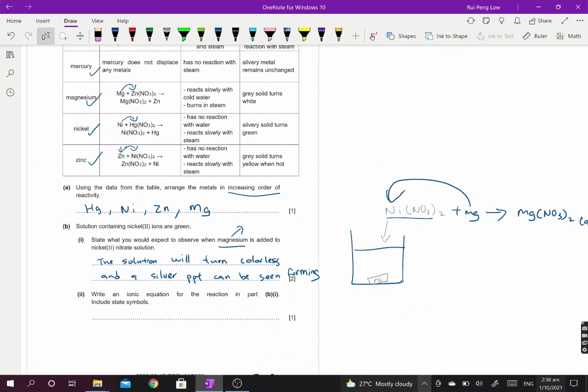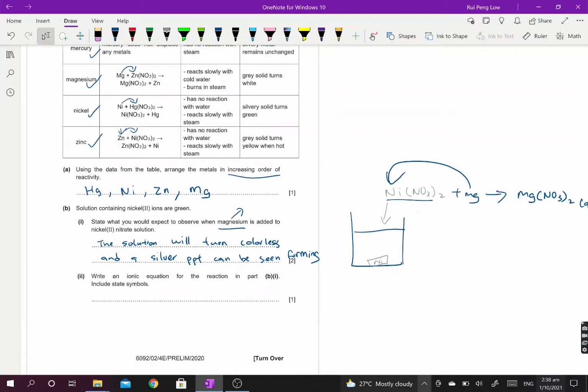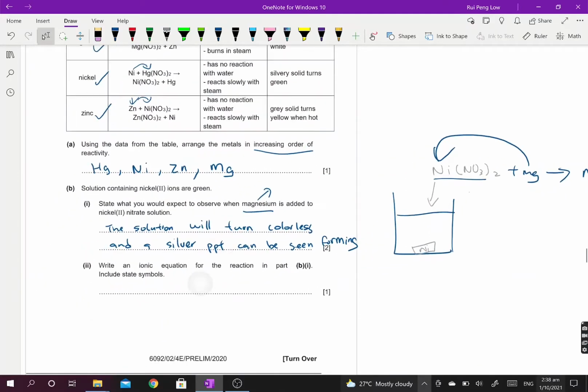Write an ionic equation for the reaction in part Bi, including state symbols. So I have already kind of written it.